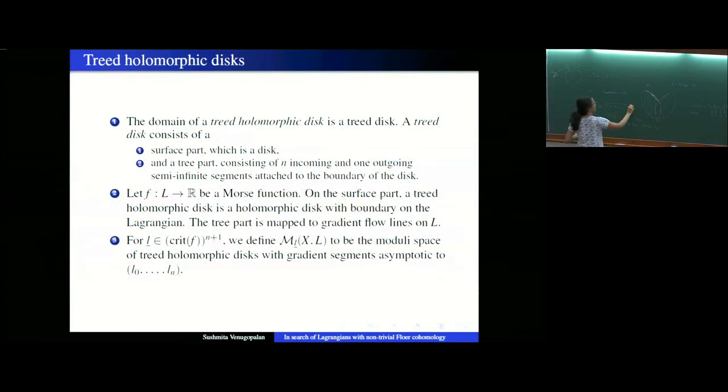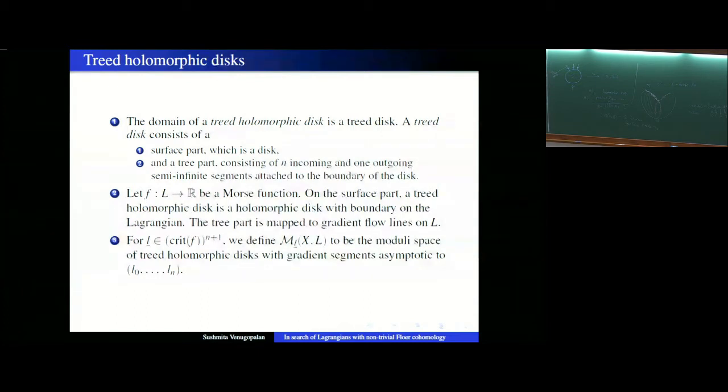And on the tree part, gradient flow lines on L. So all of the part in blue, the boundary and everything attached to the boundary maps to L. And the inside maps to anywhere in X. Okay.